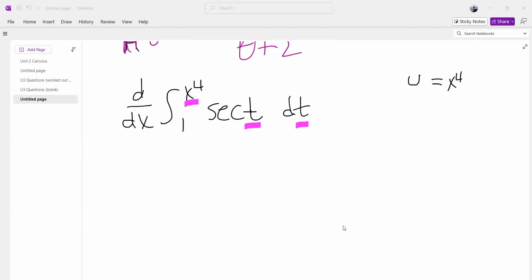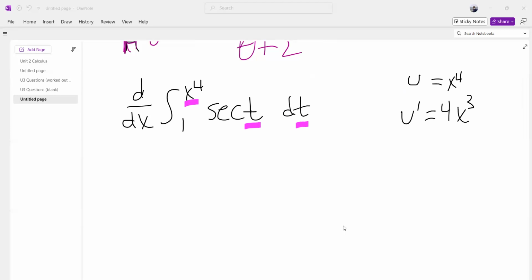Now we have this d/dx right here. We're going to have to know what d/dx of u is. So if we have d/dx u, that's just u prime, and that's just the derivative of x to the fourth. And now what do we do?